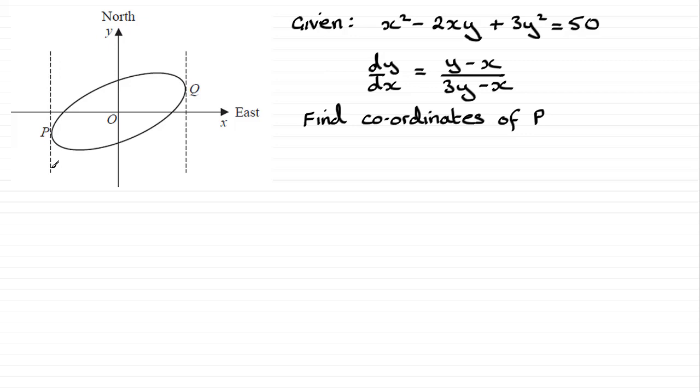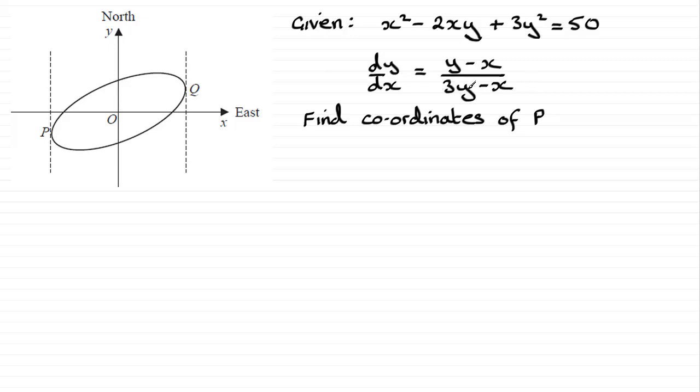That gradient is going to be infinite. For that to be so, we would expect the denominator here to be 0, because when you divide something by 0, it gives you an infinite or undefined value.